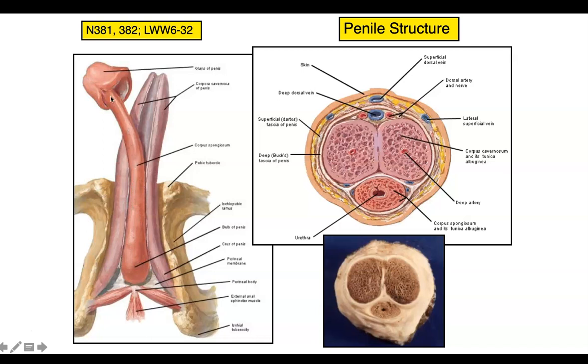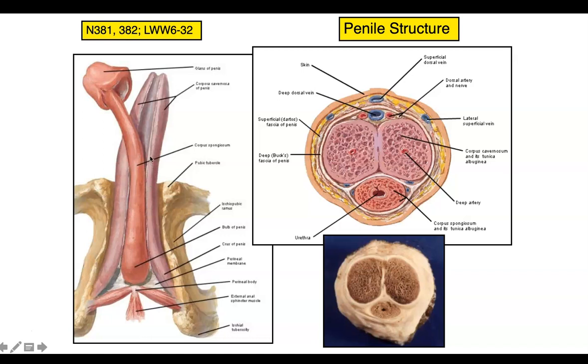The corpus spongiosum penis, at the end, is expanded and forms the glans of the penis. And the two crura of the penis, as I already mentioned, are attached to the ischiopubic ramus, and these two crura are continuous with the two corpora cavernosa penis.